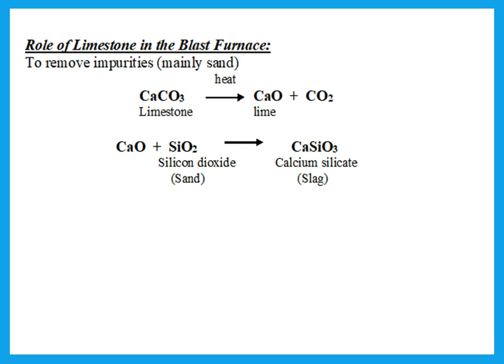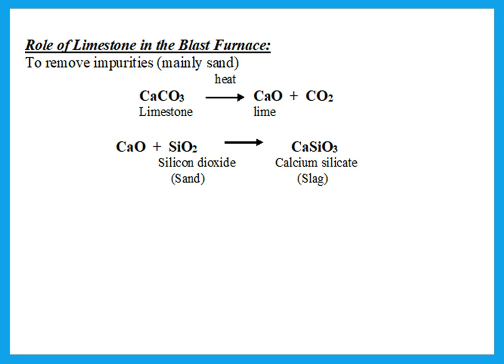It will react with the main impurity in the blast furnace. Remember, the hematite is something that we got from the earth. So the main impurity is sand, which we refer to as silicon dioxide. Silicon dioxide is acidic. It's an oxide of a non-metal, so it's acidic.